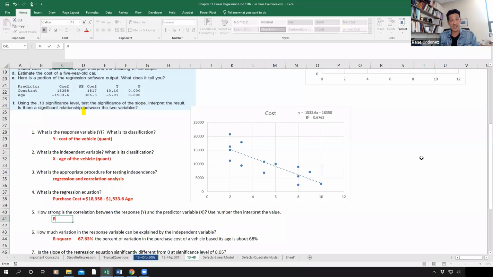To answer this question, we will use the R value, the correlation coefficient, which is not explicitly stated in the graph, but we can obtain that from the square root of the r-squared value, which is the square root of 0.6763, about 0.82.